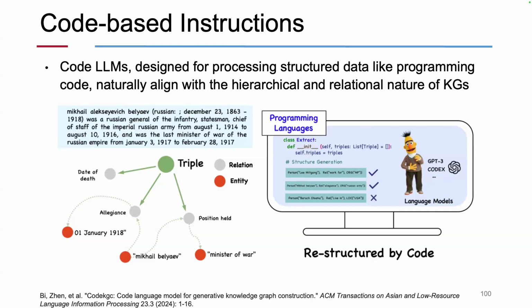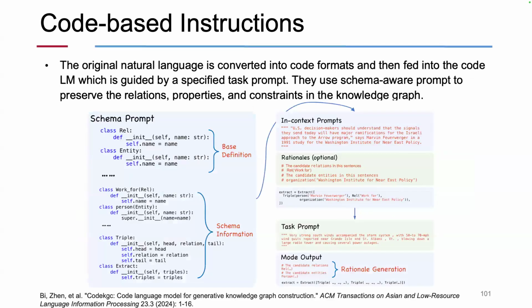And then you can create a few objects that have a head, a relation, and a tail, right? So this way they make an analogy between code and the knowledge graph. And they think using code to describe a knowledge graph is a very natural way. And we know language models are pretty good at writing code, right?